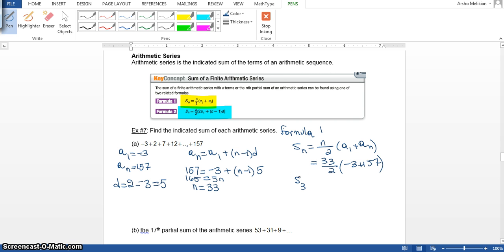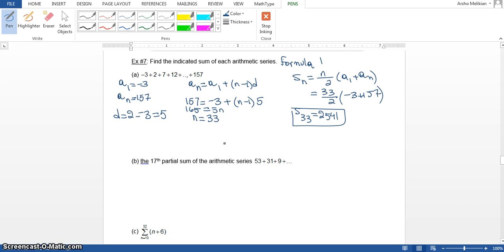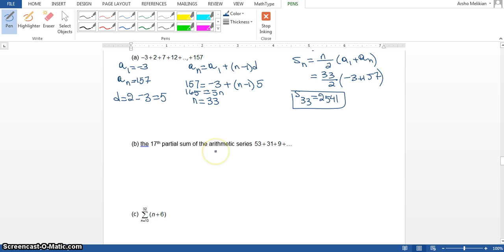So S subscript 33 is equal to, at the end of the day, 2,541. So we now know that there are 33 total terms, and the final sum, when you add up all 33 terms, is 2,541.